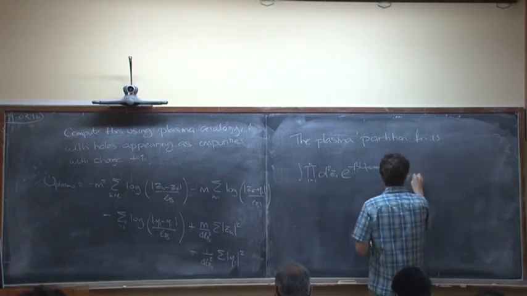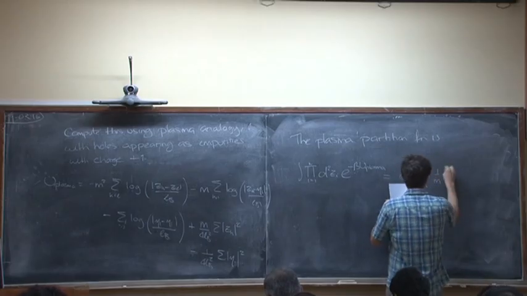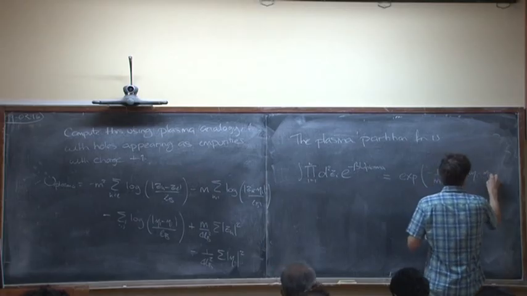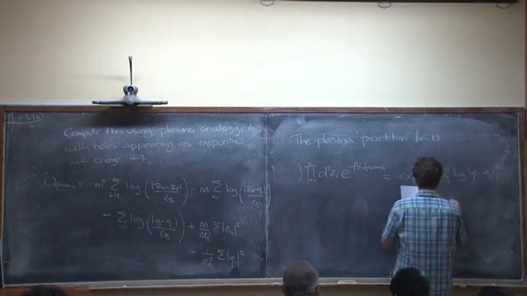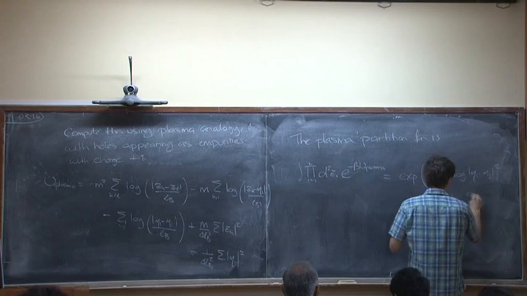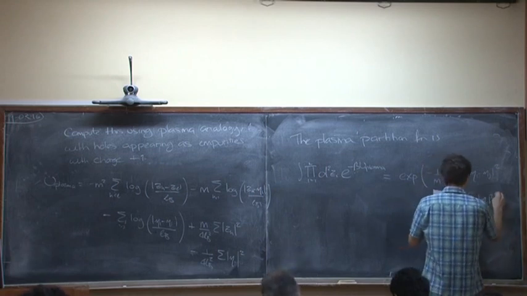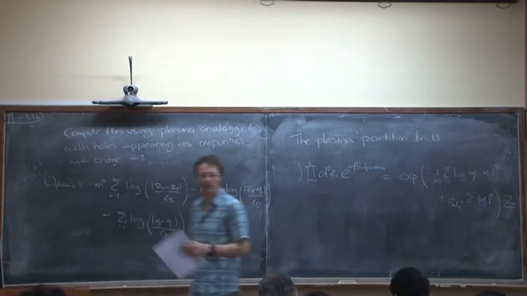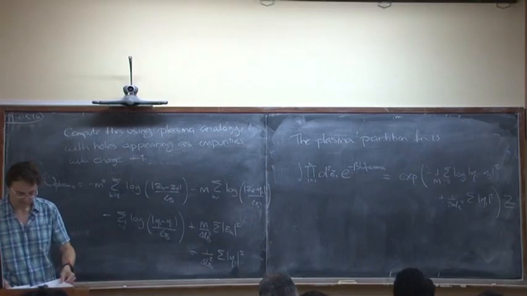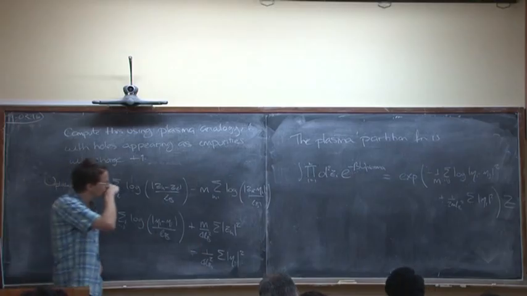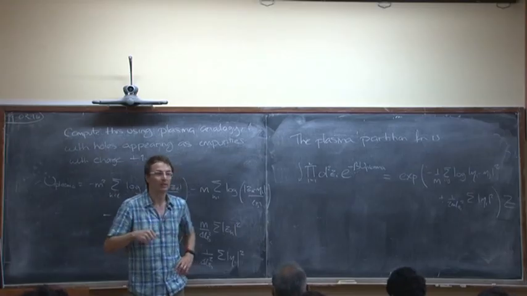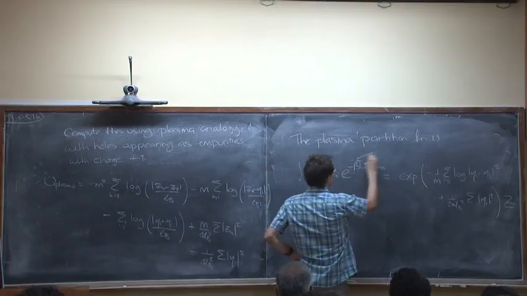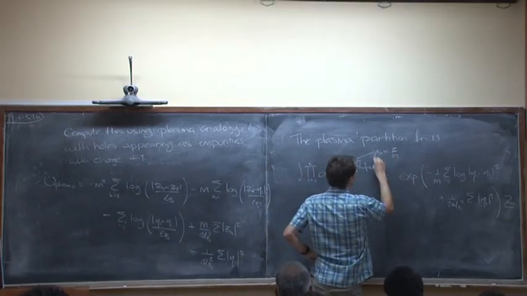So we should write this as the exponential of minus 1 over m, sum over i less than j, of eta_i minus eta_j squared. I'm not quite sure I got the sign right there. So now you put in beta, the temperature, and beta is given by the 2 over m that we had before.